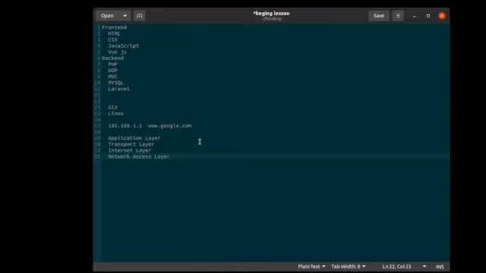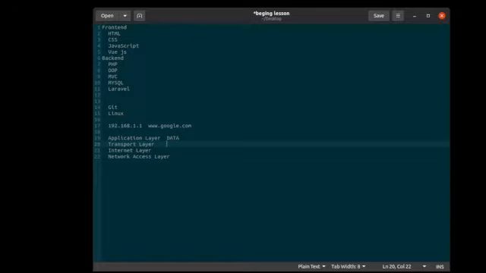So what are these 4 layers for? The application layer is actually our data which we are requesting from the server, or which we are sending to the server. It could be your login password or messaging or anything else.